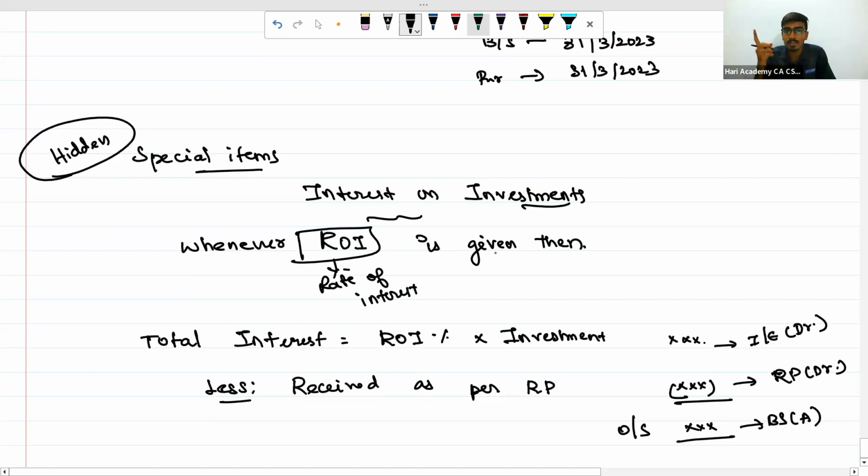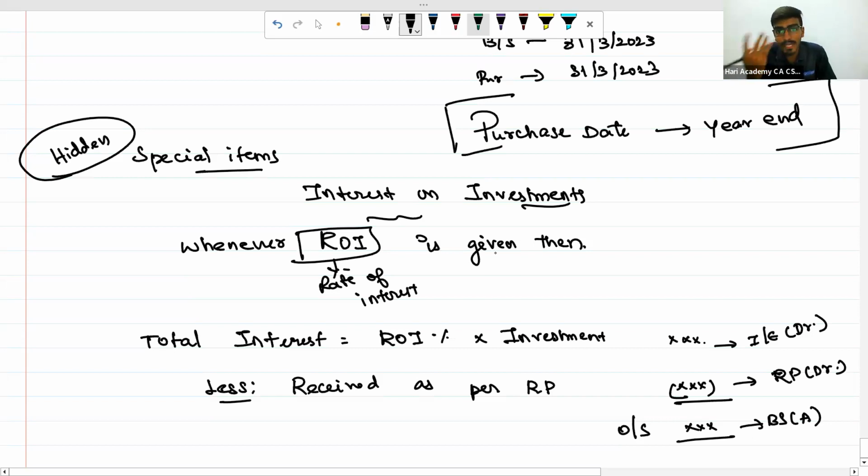For all the investments and assets, interest and depreciation should be charged from purchase date to year end. It is not from the date put to use to year end; it is purchase date to year end. In accounting, we will take the purchase date. In the income tax perspective, we take it differently.